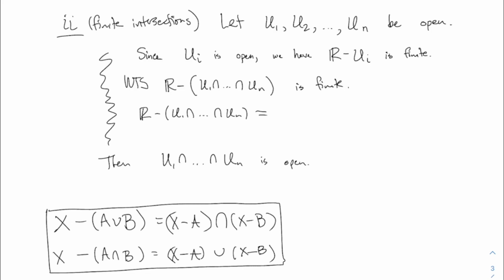This is the same as R minus U1 union. The complement changes intersections to unions and unions to intersections. Union R minus UN. All right.